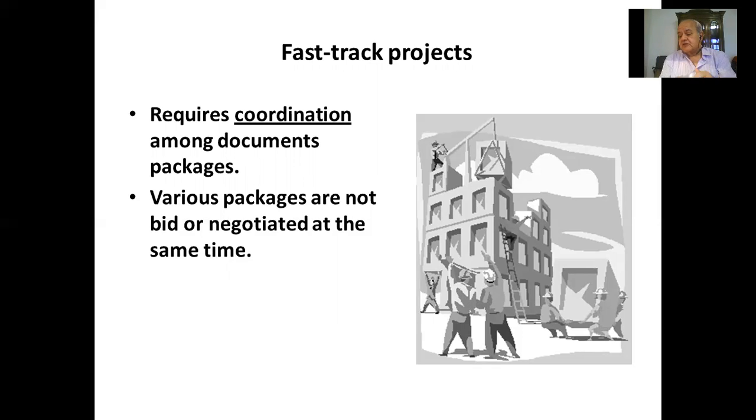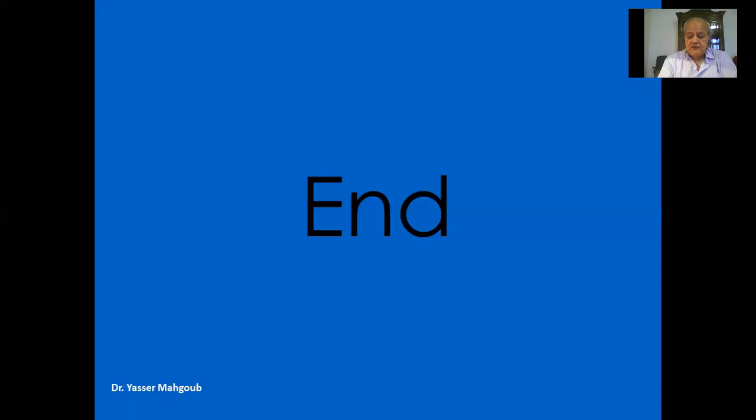So maybe during construction, it might cost more, but on the long run, it might allow the project to start early. So as we said yesterday, the fast track, you start construction parallel to the preparation of the construction documents that you have.